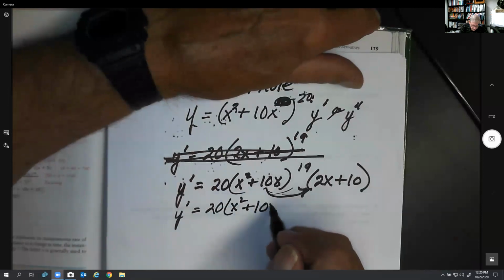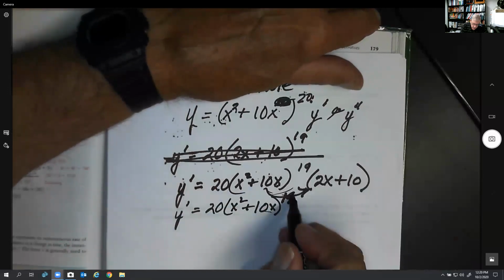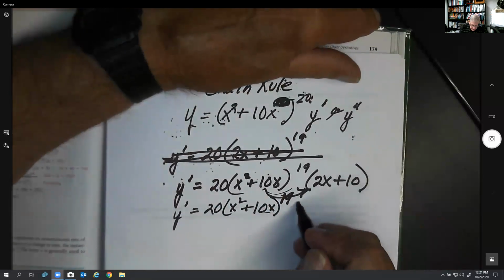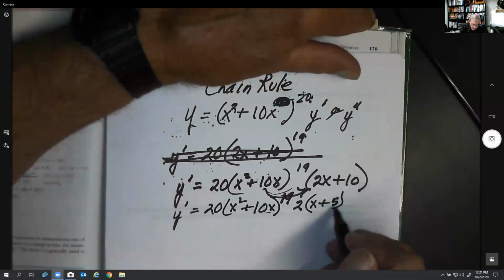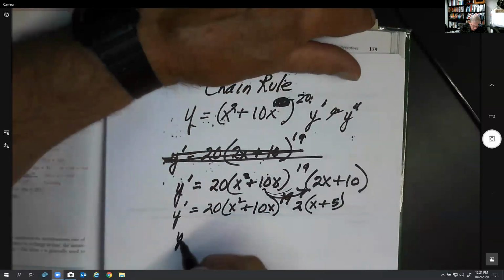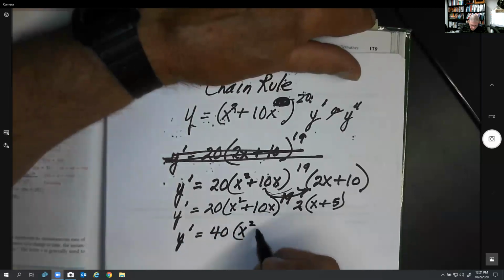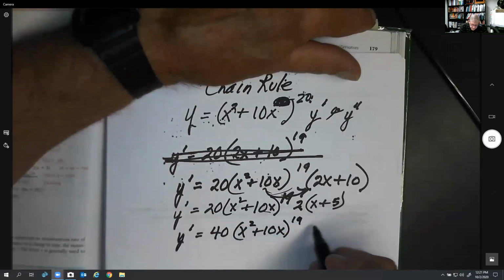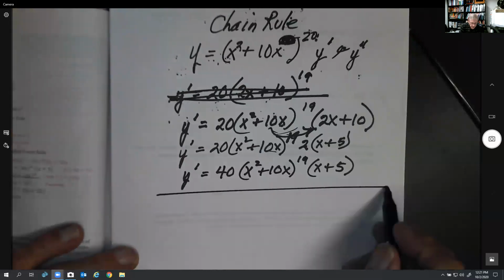You can't factor when it's raised to a power. You cannot factor this out to do the power, but this has a power of 1, so you can do that. And you can take the 2 out. If you could take an x out, you would try to do that too. And then they multiplied the 2 times the 20 and got a 40. I don't know, this might be easier, might not be easier. So that's how they got it down to this step. That's the way the book did it.